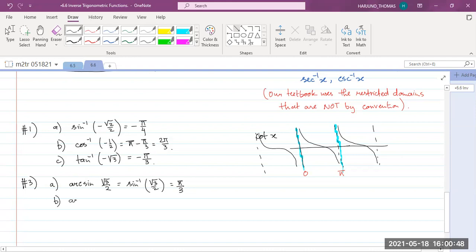Now they write it as sine inverse. Arc cosine of radical 2 over 2 is cosine inverse of radical 2 over 2, that's pi over 4. Tangent inverse of -1. Tangent what gives us 1? Pi over 4. But this must be negative, so negative pi over 4.